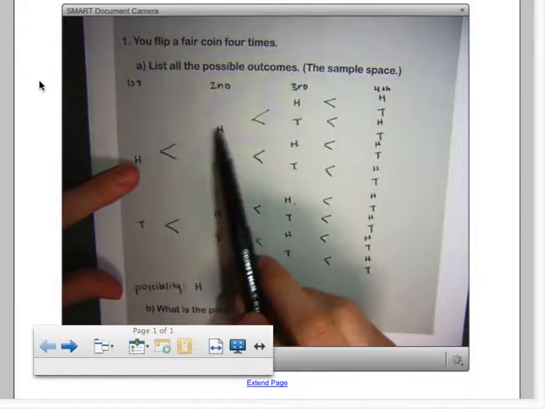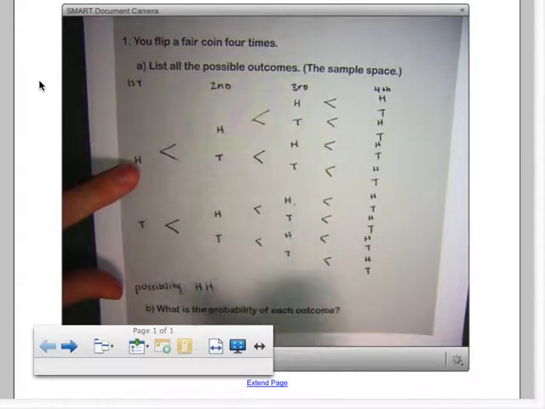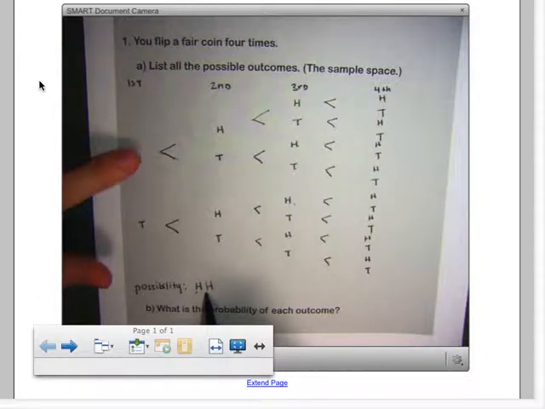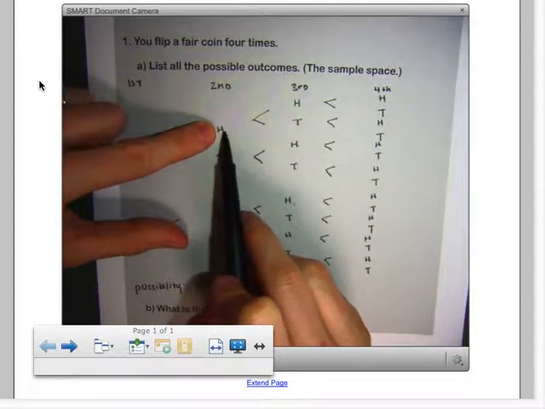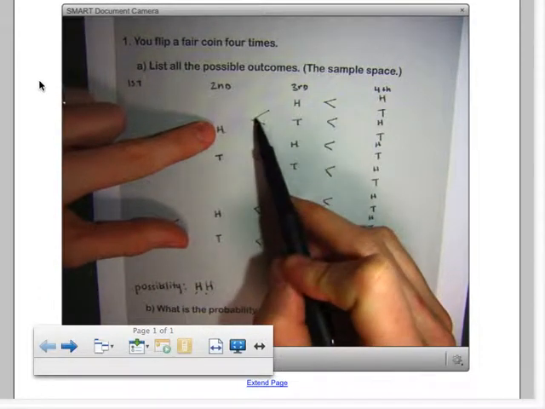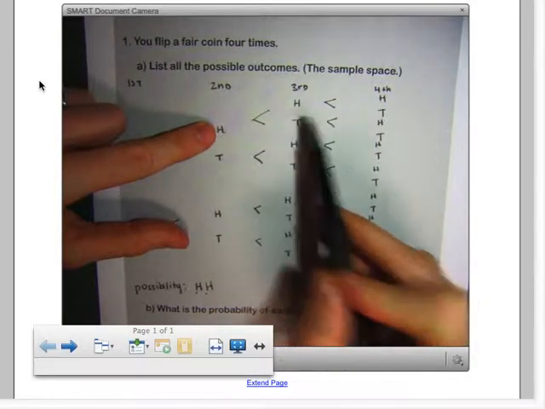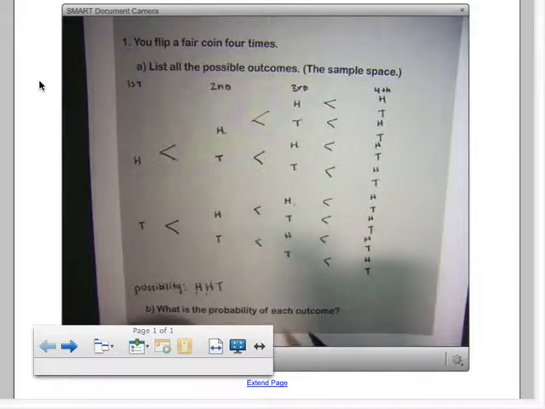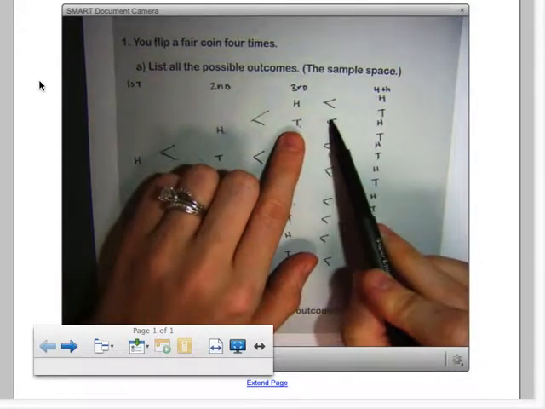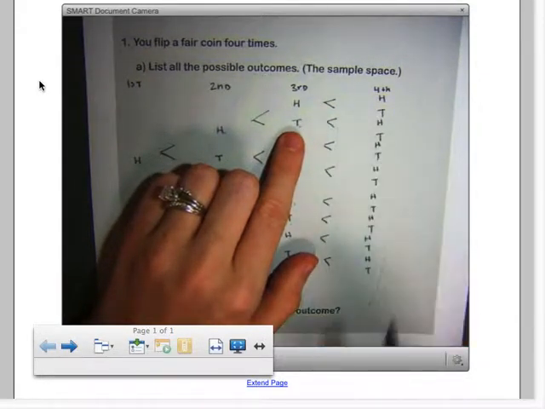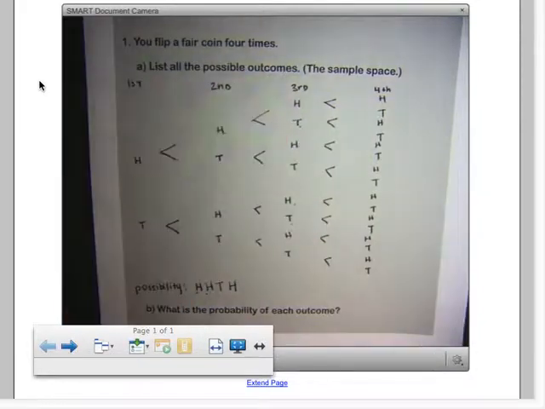So let's just say I got another head on my second flip. So first flip was a head, second flip was a head. So from the second flip that was a head, I can get a head or a tail again on my third flip. So this time let's say I go down to a tail. So from this tail here, I can get a head or a tail again. So let's just say head.